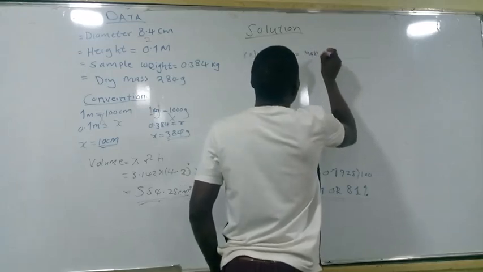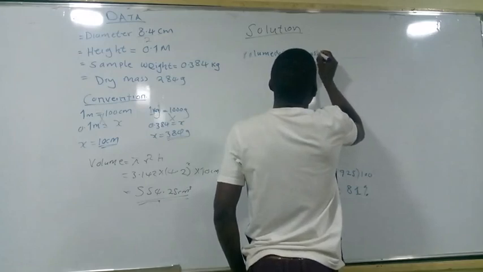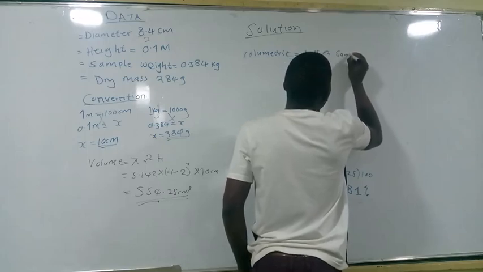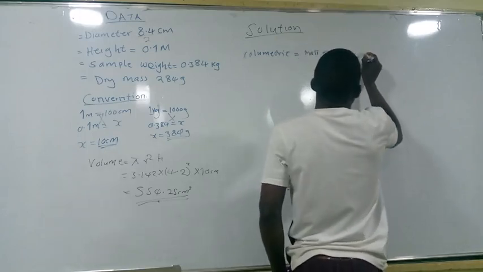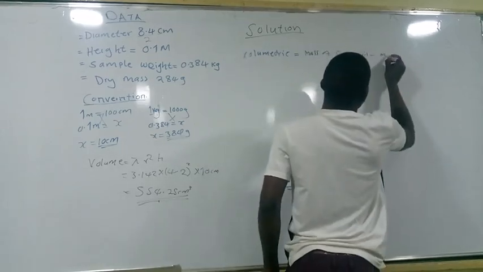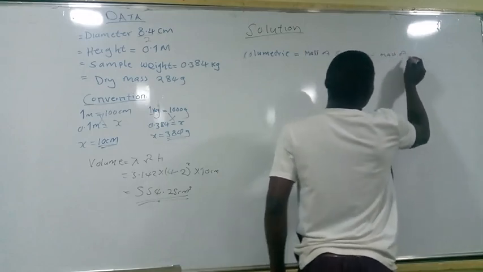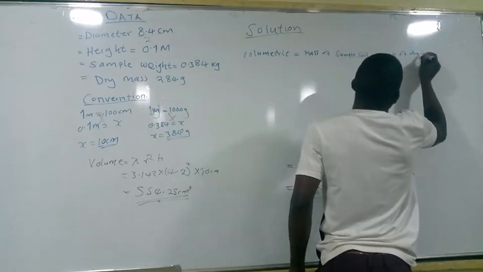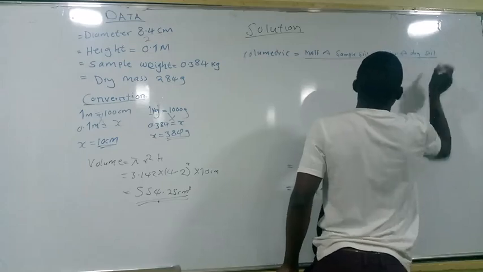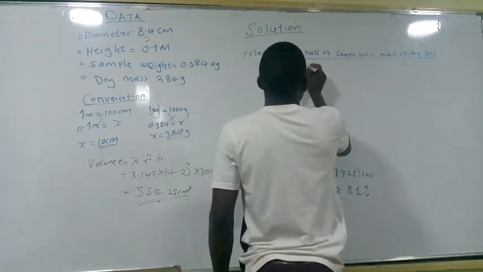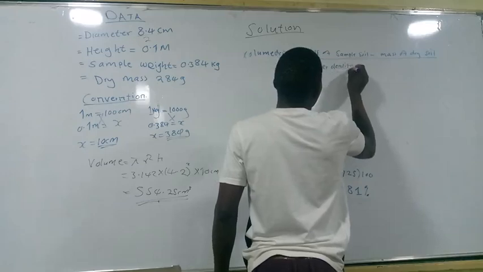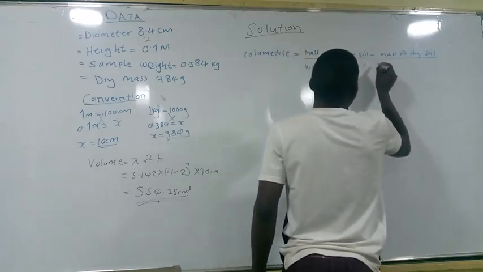Mass of sample minus mass of dry soil, over water density multiplied by volume.